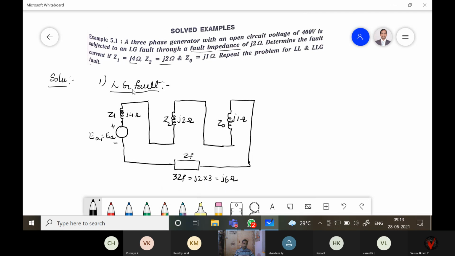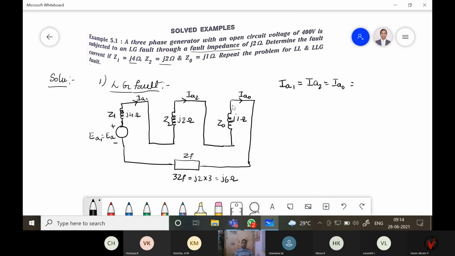So in this first LG fault case, what are IA1, IA2 and IA0? All are equal because it is a series circuit. This is IA1, this is IA2 and this is IA0, right? Series, all the currents are equal, and therefore IA1 is equal to IA2 is equal to IA0.